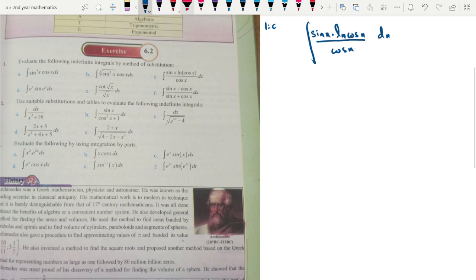Now I can rearrange this as the integral of natural log of cos of x, times sine of x divided by cos of x, dx.